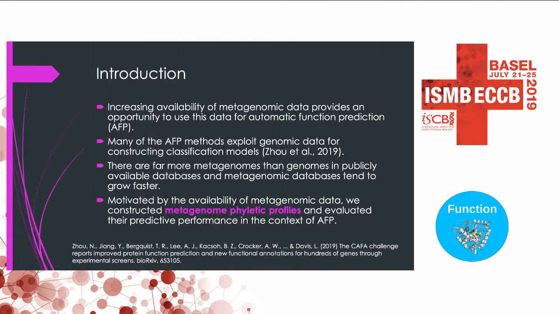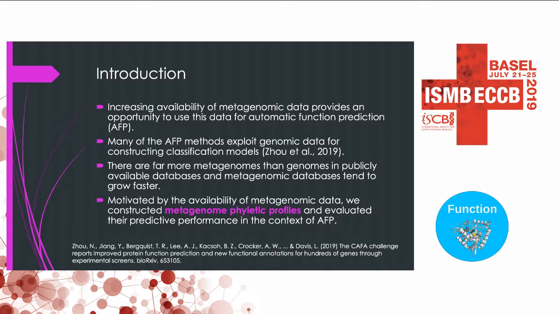Increasing availability of metagenomic data provides us an opportunity to use this data for automatic function prediction. Currently, many automatic function prediction methods exploit genomic data for constructing classification models.